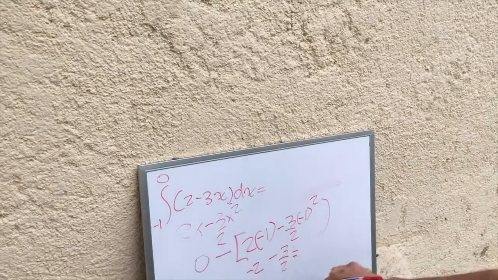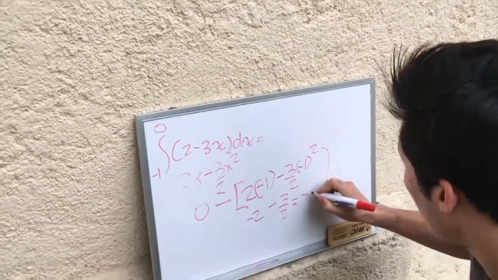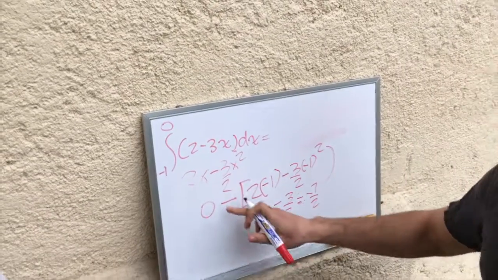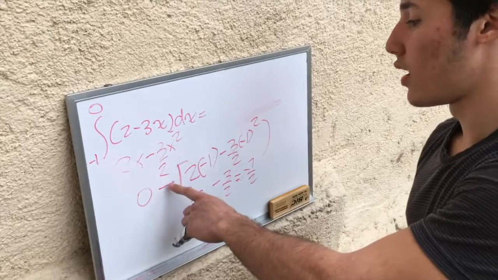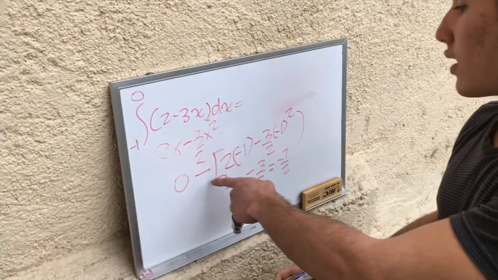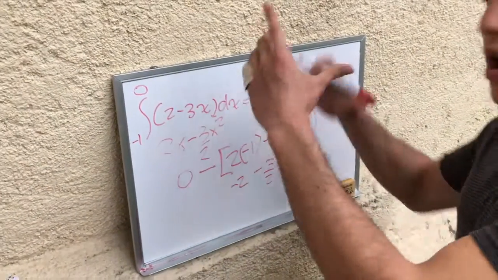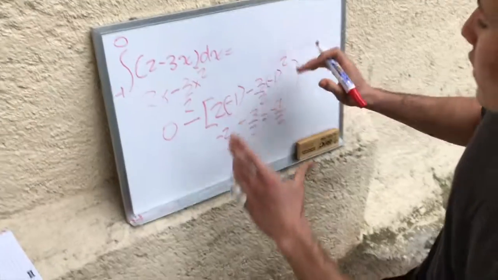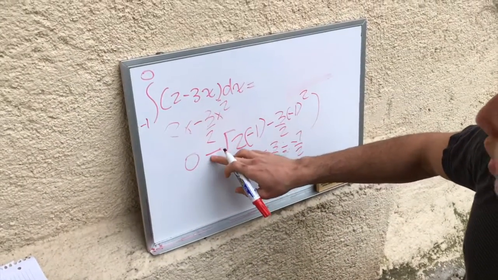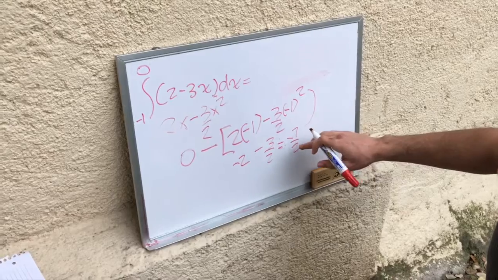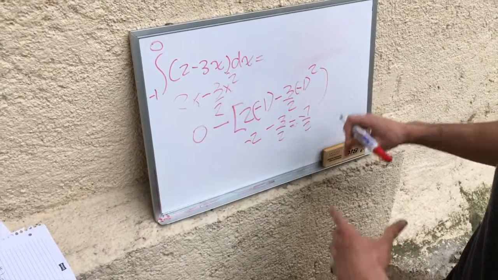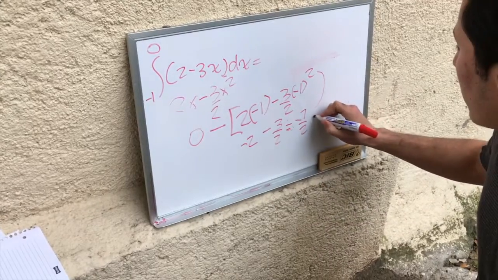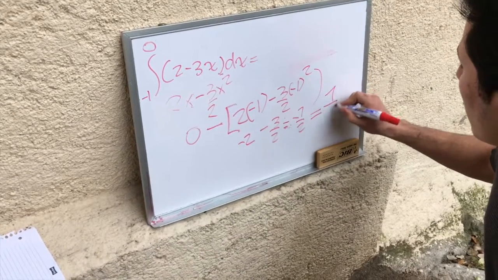After subtracting these two things, we will have negative 7 over 2. But since outside of the parentheses there's a subtraction sign that has to multiply all that is inside of the parentheses, we multiply this times this, which makes the negative 7 over 2 a positive number. So at the end, the answer will be 7 over 2.